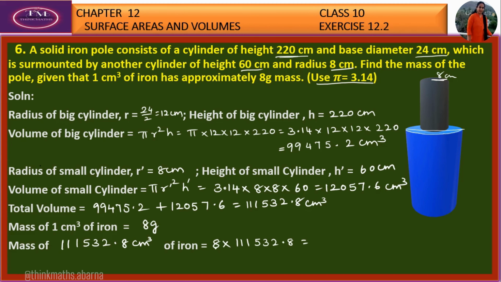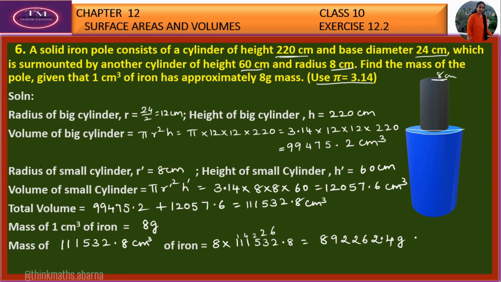So if you multiply, 8 8s are 64, balance 6, 2 8s are 16, 16 plus 6 is 22, balance 2, 3 8s are 24, plus 2 it is 26, 8 5s are 40, plus 2 it is 42, and 4 here, 8 1s are 8, 8 plus 4, 12, balance 1, 8 ones are 8, 8 plus 1, 9, and 8. So we will get 8922624, and the decimal is before 1 point. So this is the value.